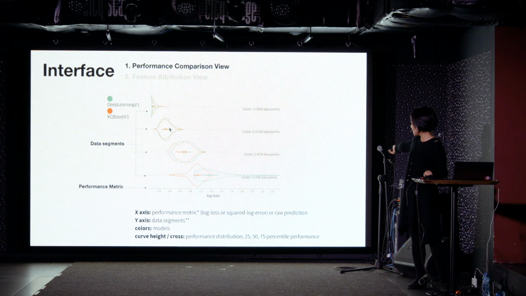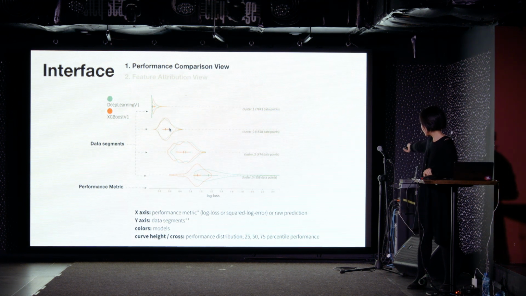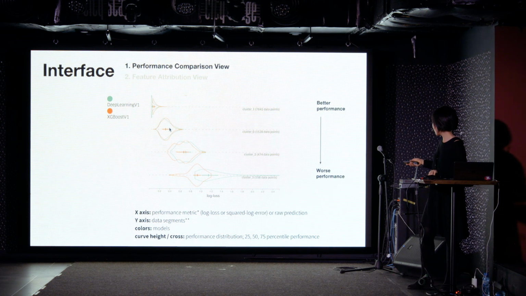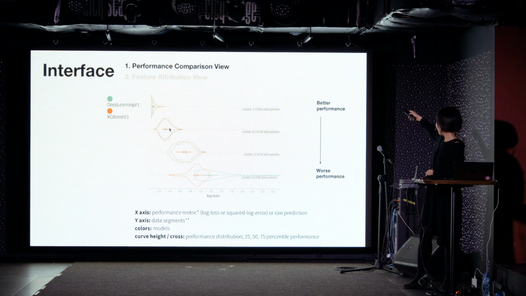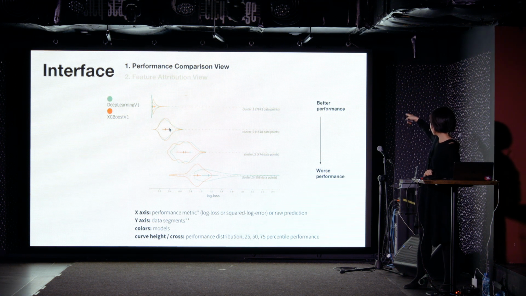On the x-axis, there's a performance metric. This chart shows that the top data segment has the lowest log error, and the bottom subset has the highest log error. So it is sorted from better performance to worse performance.